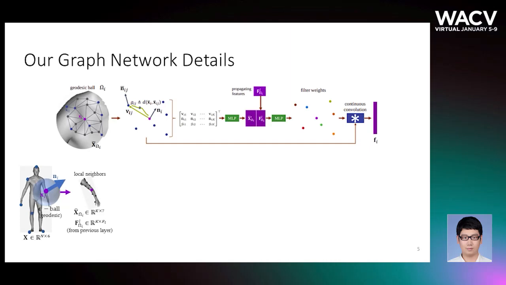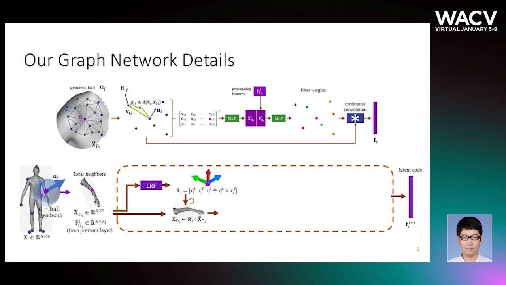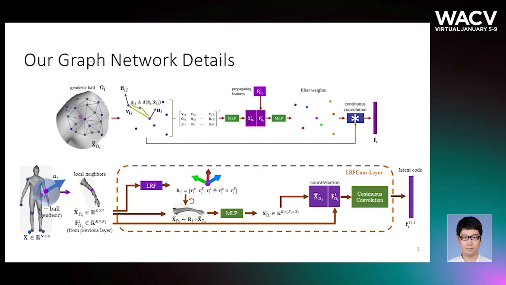That's the reason why we call it continuous geodesic convolution. By having a local reference frame attached to the central vertex, the feature we finally get from the convolution layer is rotation invariant. By applying the weight to the input feature, we get a new feature for the central vertex.